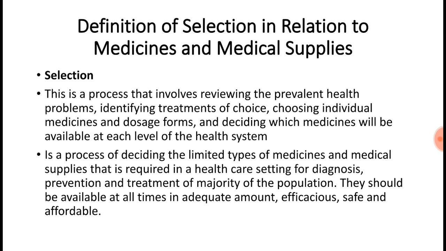Then from those prevalent health problems, we identify the treatment of choice, and also we choose individual medicines and their dosage forms, which kind of medicines will be used for treatment of a certain prevalent health problem, and in which dosage form, and deciding which medicine will be available at each level of the health system, na pia kuamua ni aina gani ya dawa zitapatikana kwenye level fulani ya health system.